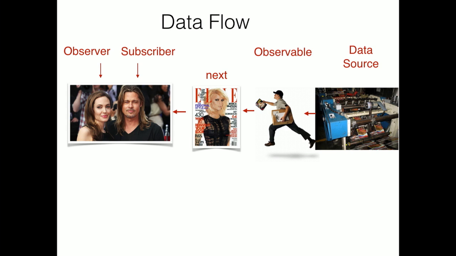When observable delivers you the next item, it can invoke one of three methods on the observer. Next, when the next item comes in, error, if something happened, or complete, when the stream is over. Very simple API.